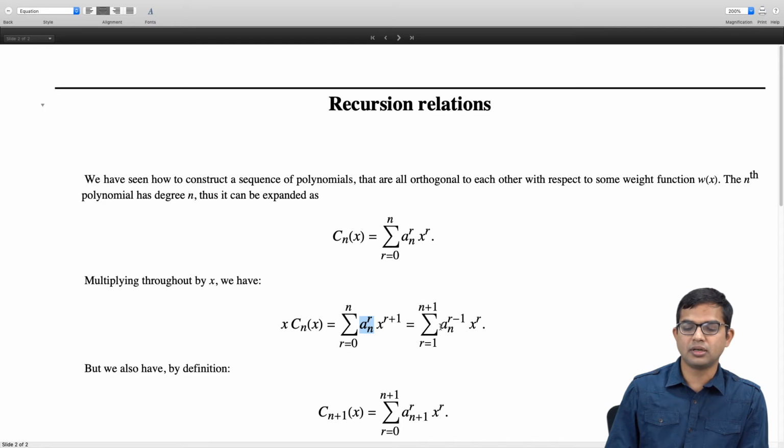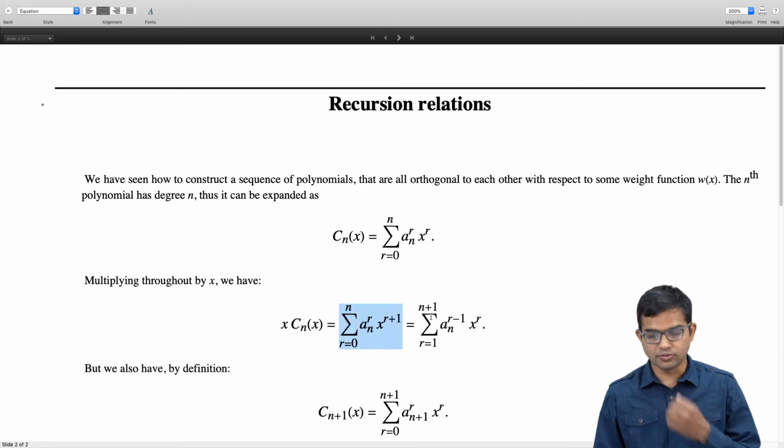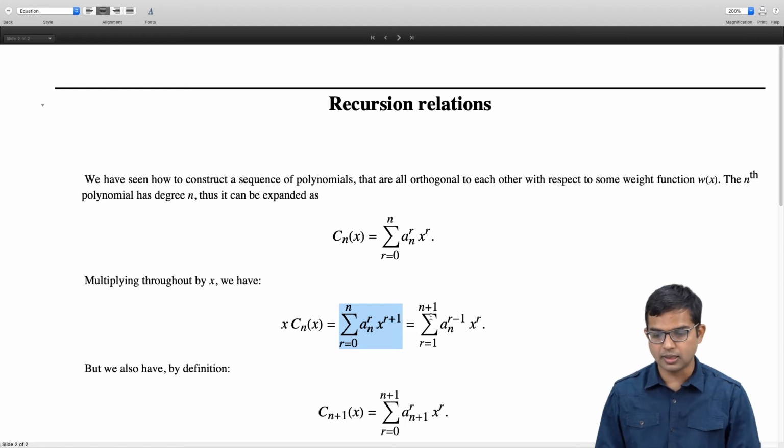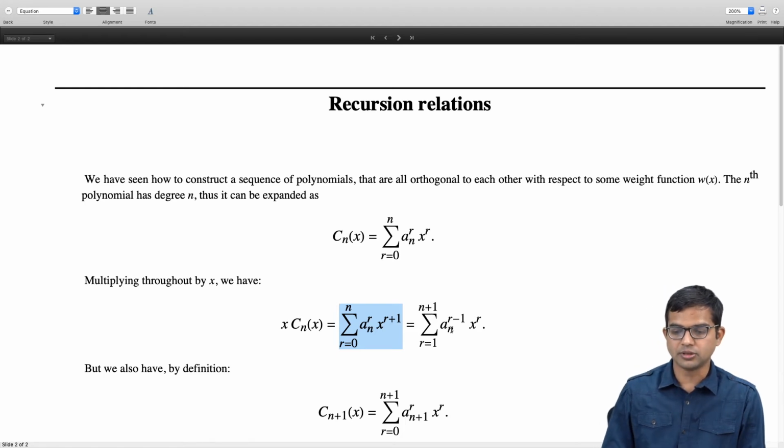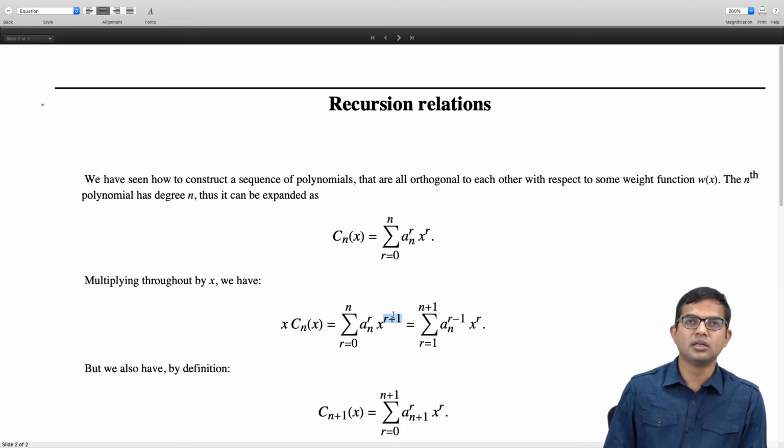So it's convenient to write the same sum in terms of r going from 1 to n plus 1 and a_n^(r-1) x to the r, right? So all we have done is shifted r plus 1 to some other dummy variable. If I call it s, then r will become s minus 1 and s will go from 1 to n plus 1, and then there's no need to call it s, we might as well just call it r, right? So that's how we get this.